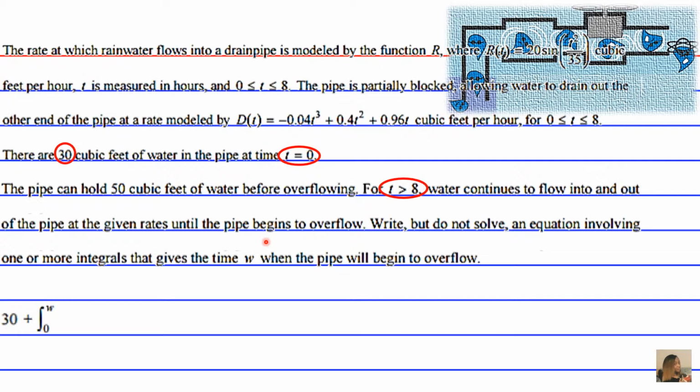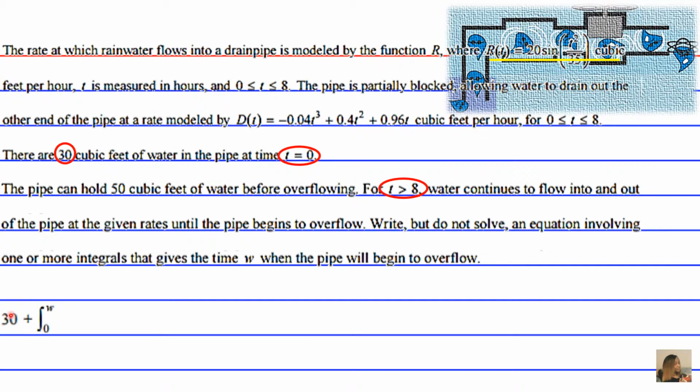Okay, so our integral expression also has to incorporate the holding capacity of the pipe. But before we ultimately express the holding capacity of the pipe, what are we going to integrate? What is our integrand going to be? When I say integrand, I mean the expression we're integrating. Well, first we have to consider r of t, how much water is flowing into the pipe.